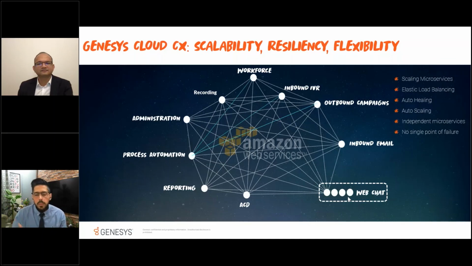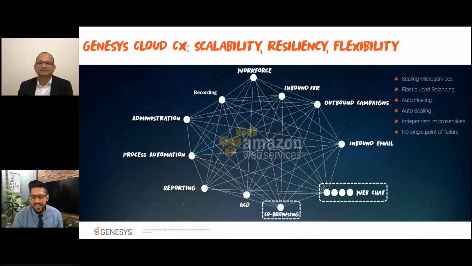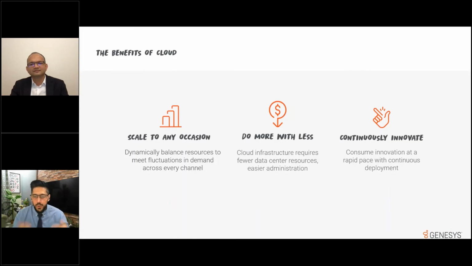If you recall a couple of slides back, we said Genesys releases new features every Wednesday, every week. This is the beauty of microservices. You get access to that new feature once it's released within Genesys. So as an organization, if you're using Genesys Cloud CX, you will have access to that new feature right away.